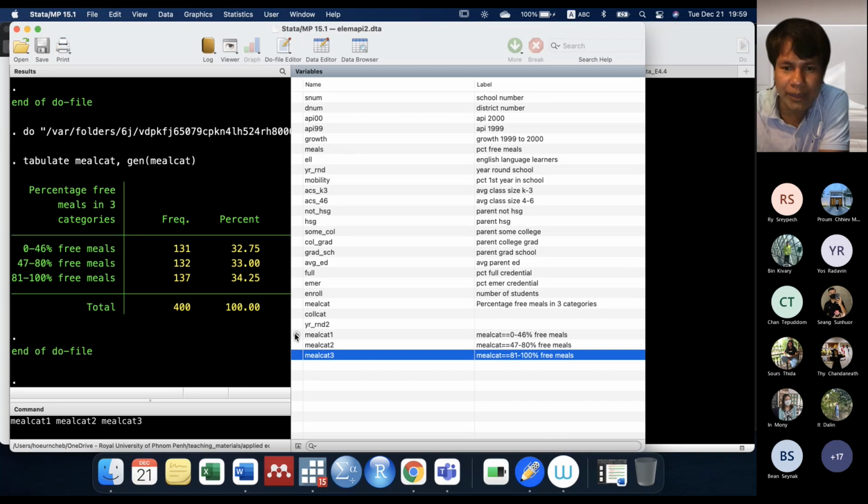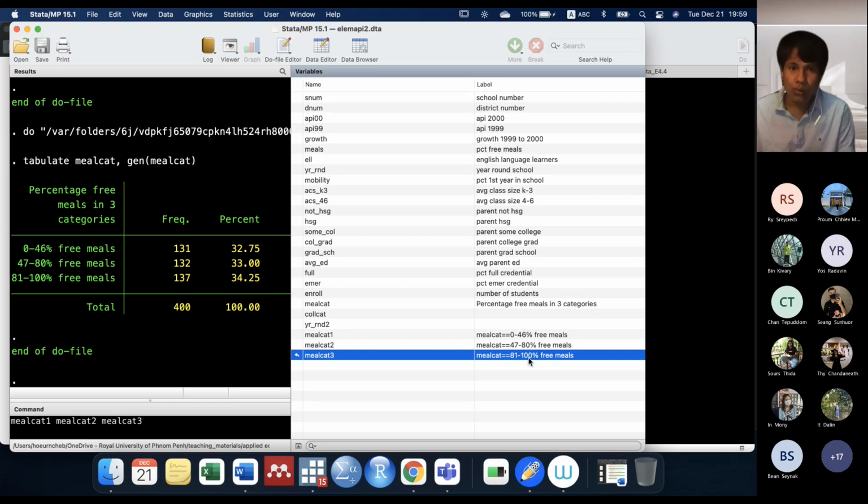Meerkat 1 is the dummy variable for the first category. Meerkat 2 is the dummy variable for the second category. Meerkat 3 is the dummy variable for the third category. You can look at the label here: the school size is between 0 to 46, 47 to 80, 81 to 100.